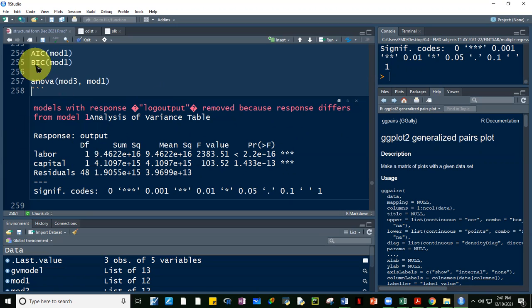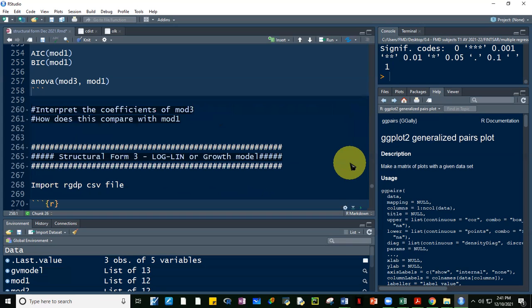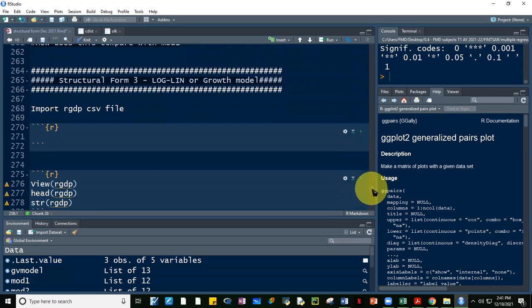Kung anong una nag-appear dito, model 3, nag-ANOVA siya nun. Tapos yung model 1, in-ignore na niya. Why? Because the response differs from model number 1. Okay? So you cannot compare, guys, the model output if the response variables are different.